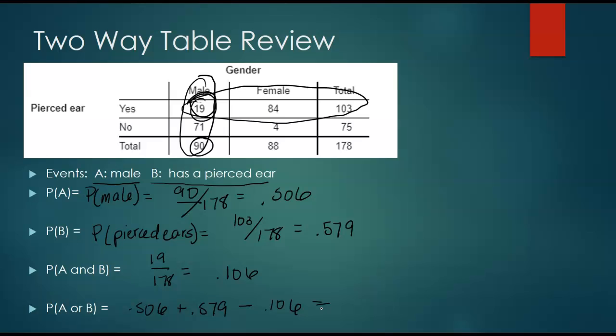So we're going to do 0.506 plus 0.579 and subtract 0.106, and that gives me 0.979. That's such a large number because there were only 4 people that weren't included in the probability of A or B. Remember, A was the student being male, B was the student having pierced ears. The probability of either being male or having pierced ears includes almost everybody but these 4 people. These 4 females who did not have pierced ears did not fit into that category.